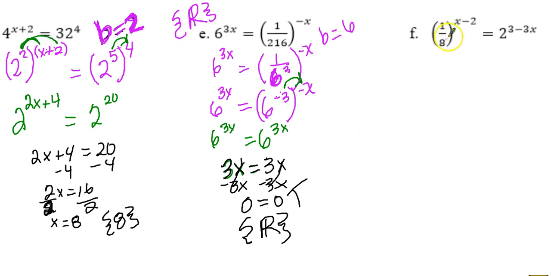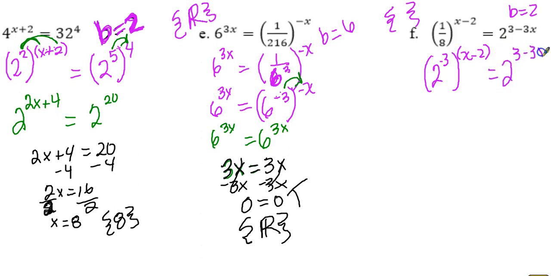Last one. This one is the empty set. Quickly, we'll go fast. Okay, what's the common base? Base 2. All right, so can we write 8 as base 2, 1/8 as base 2, as 2 to the negative 3? Quickly, x minus 2 and 2 to the 3 minus 3x. Quickly, guys, we're going to get it done. I'm sorry. Distribute. Power rule.